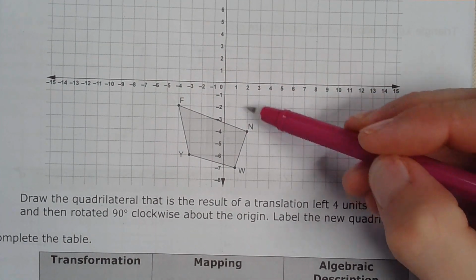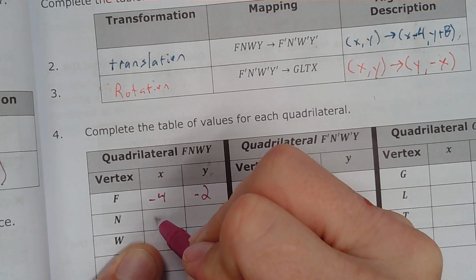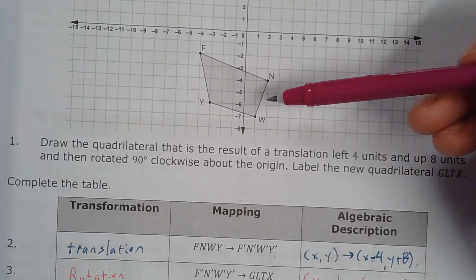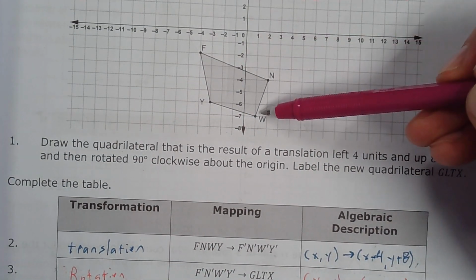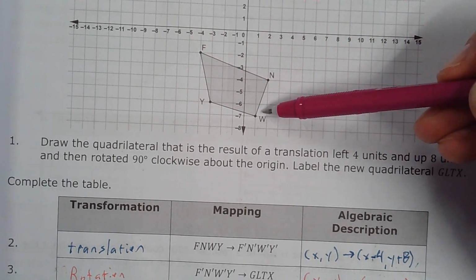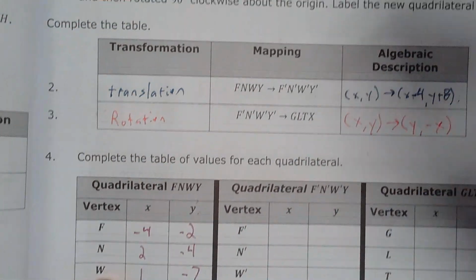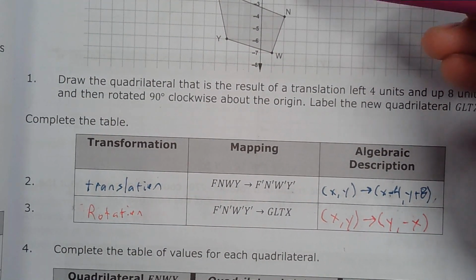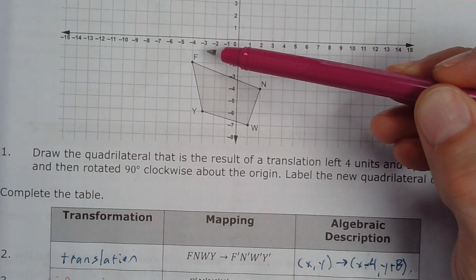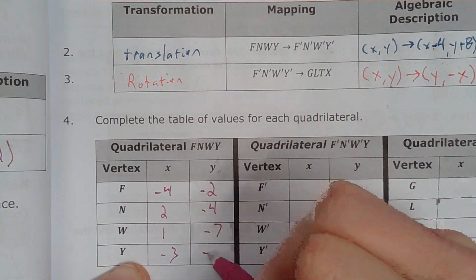My end point is 2 comma negative 4. My W point is 1 comma negative 7. And my Y point is negative 3 comma negative 6.